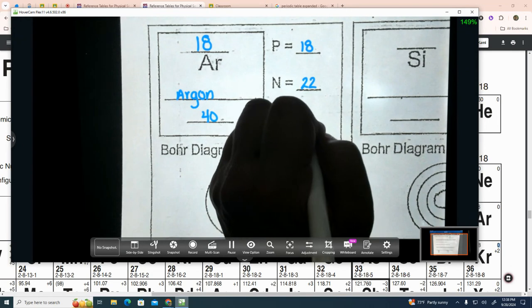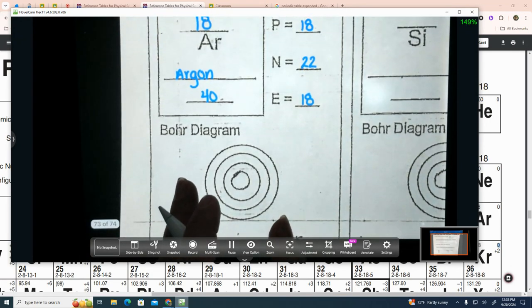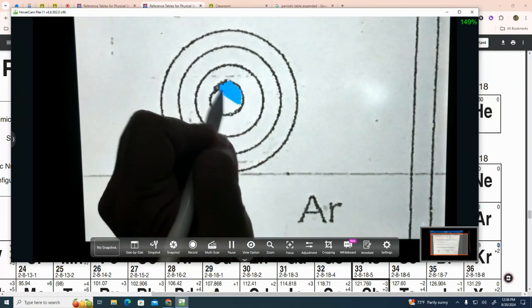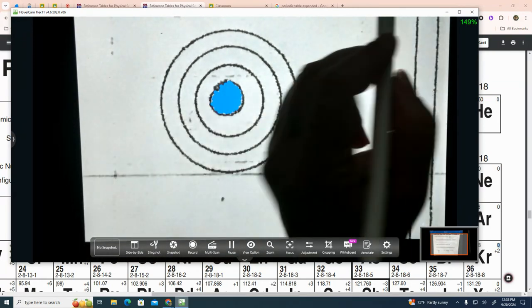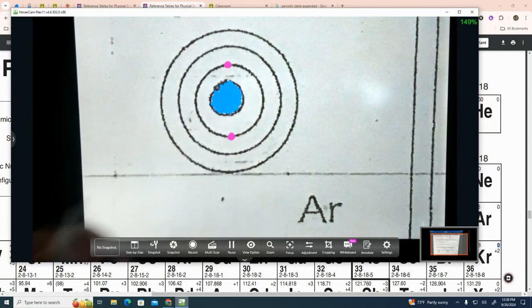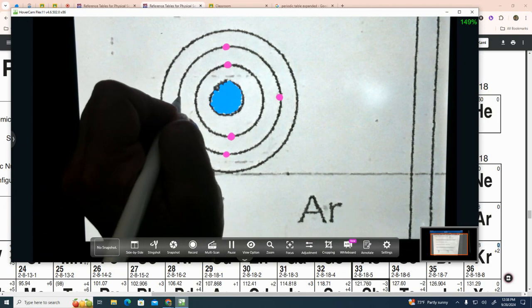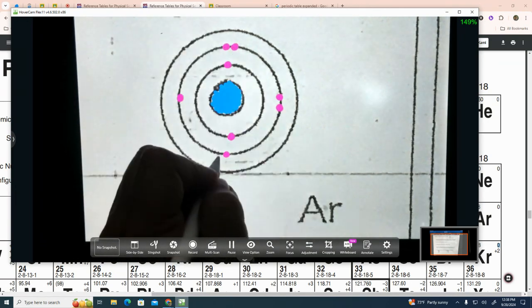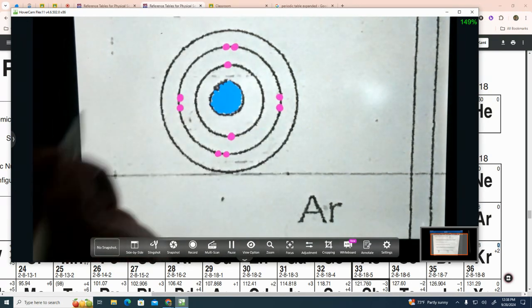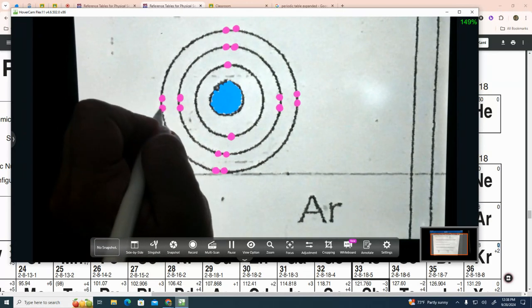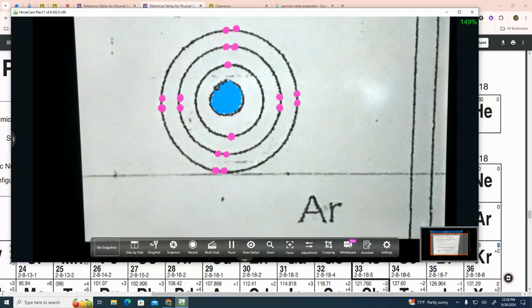It's going to have 18 electrons. And now let's fill them in. Here's my nucleus. 1, 2, 3, 4, 5, 6, 7, 8, 9, 10, 11, 12, 13, 14, 15, 16, 17, 18. Argon.